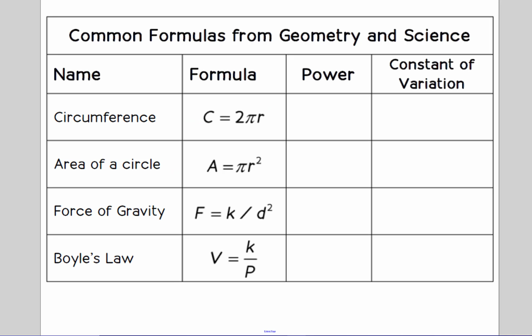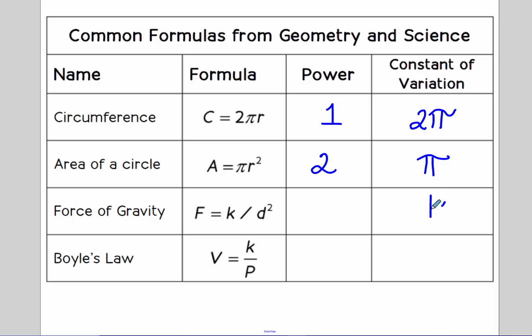Here's a few common formulas that you know from geometry and science, like the circumference is 2 pi r. 2 pi is our constant of variation, and the power on the radius, or our variable, is 1. Area for a circle, pi is the constant of variation, and the radius is squared, so the power is 2.